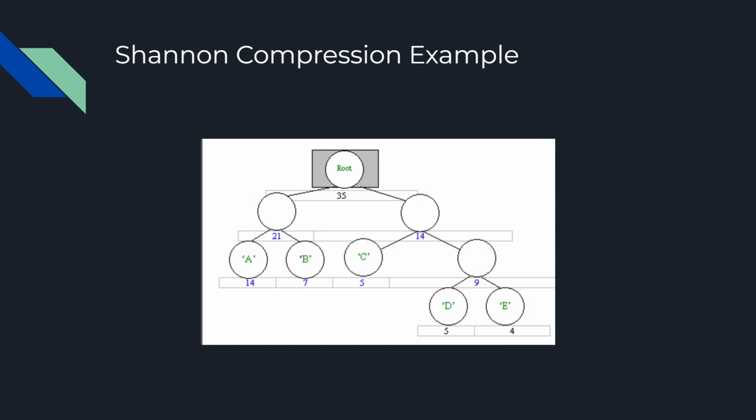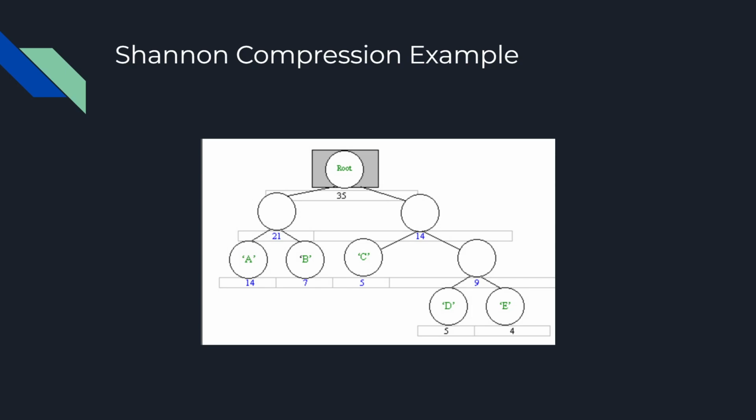A and B occur 21 times, whereas C, D, and E appear a total of 14 times. That's the first division. Second, within each subgroup, you want to split it as evenly as possible. For A and B, the split would just be A and B. For C, D, and E, the split is C and then D and E. And finally, within D and E, the split is once again just D and E.